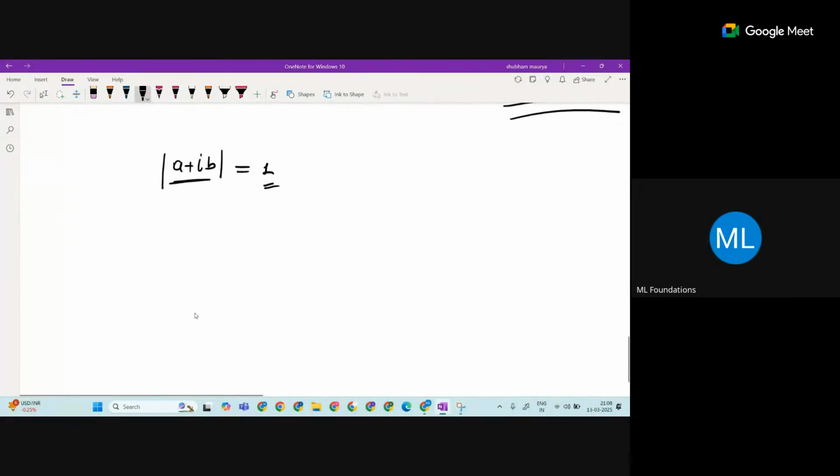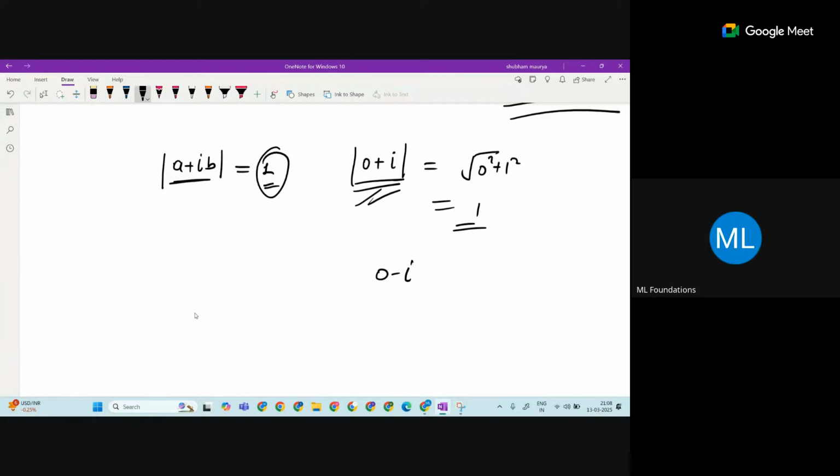Another example: 0 plus I, one complex number. Its absolute value is 0 square plus 1 square, which is going to be 1. You have infinitely many, like minus I as well.